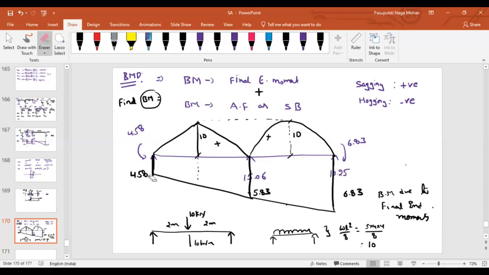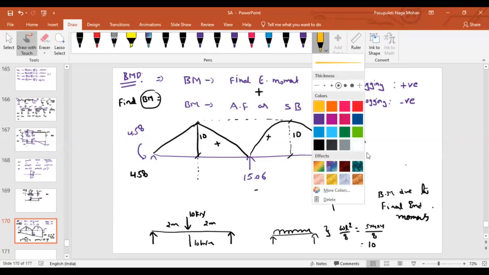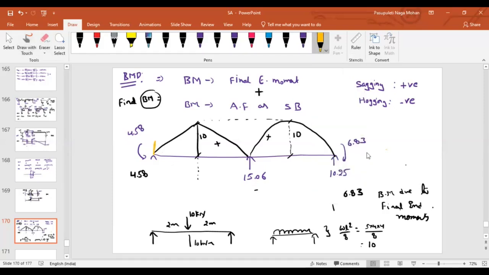Generally, we have represented values in the downward direction, but these values will be represented in the upward direction only. Here it is 4.58, here it is somewhere around 5, and here it is somewhere around 6.8.